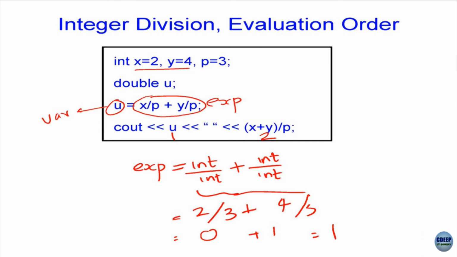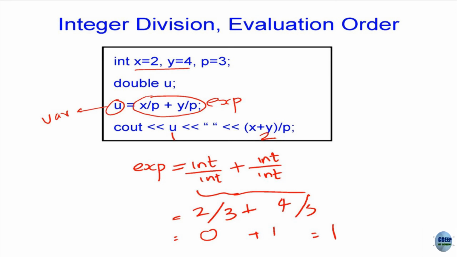This is my variable. I'll convert elements of my expression into the same type. So what is the expression looking like? x by p is int by int plus y by p, int by int. Since all of them are ints, the type will also remain int. So evaluate the expression as an int.